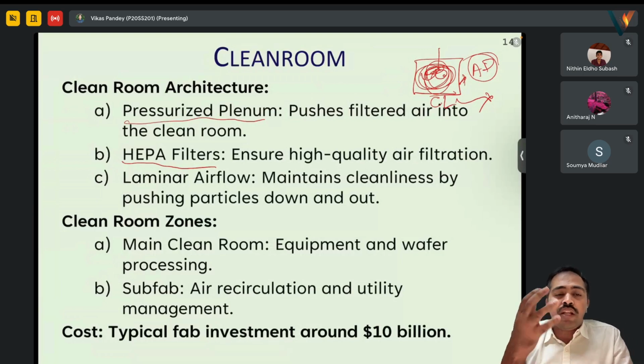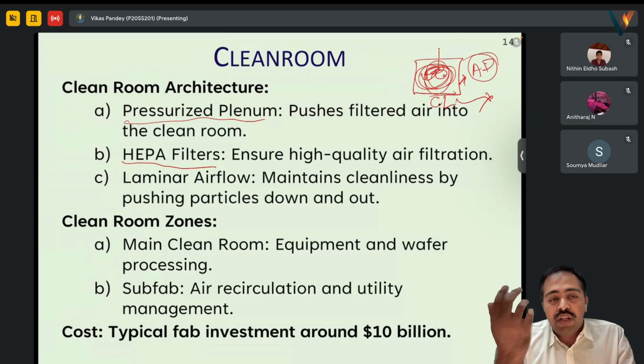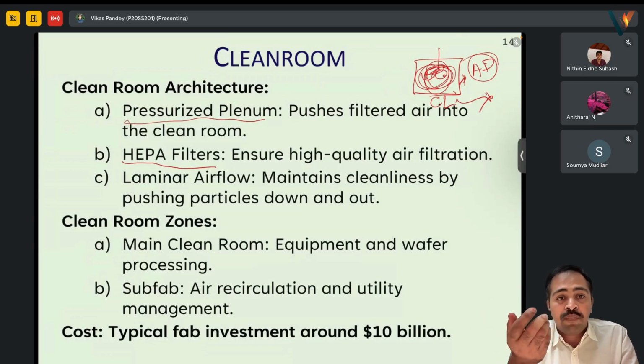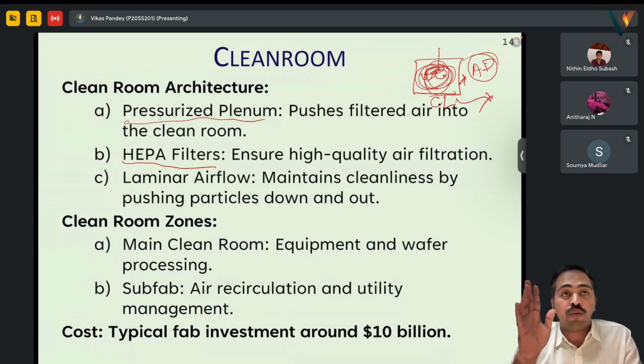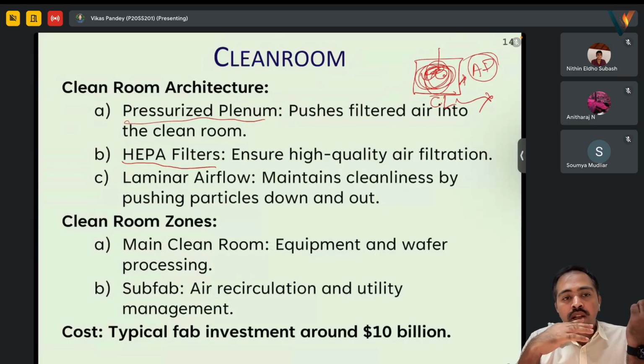In a clean room, special filters called HEPA filters are used. And then inside, there is always a laminar airflow, that means an airflow from the bottom of the clean room to the top. There is always a flow of air, and that is laminar. If anything falls, it will take that particle or dust with it and go out to be cleaned.